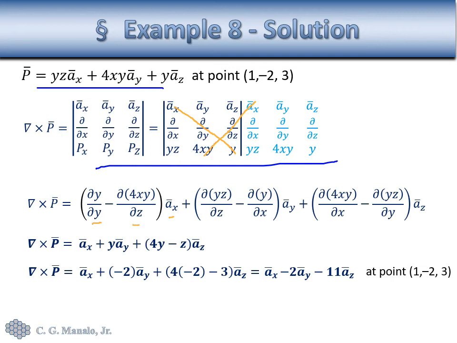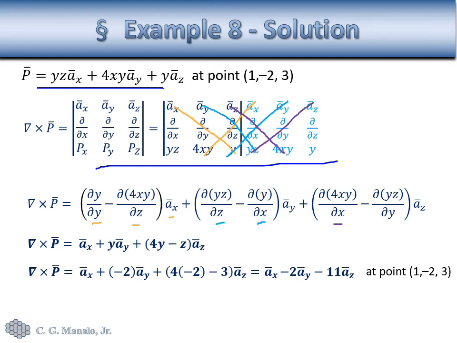Then we multiply this, and the other one is this one. Lastly, we multiply this one and less it by this one.